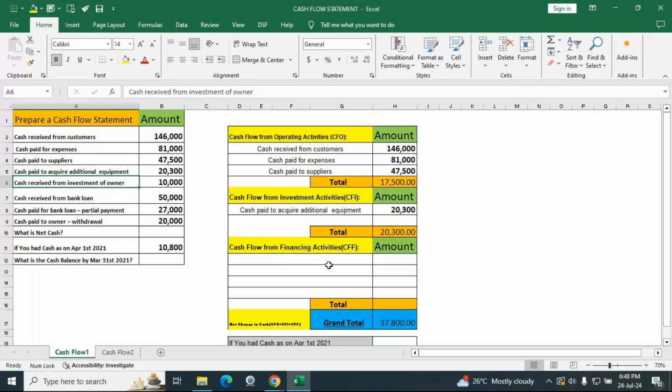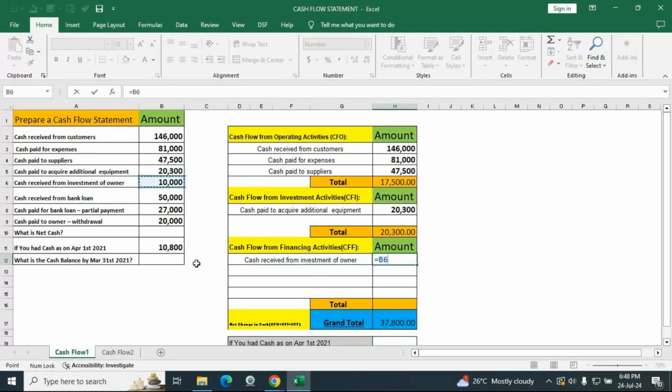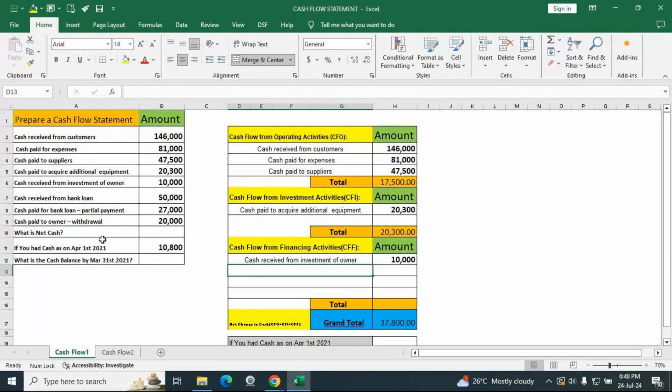Investment activity or financing activity? Financing activity. Okay, so I'm going to copy this value here, financing activity. Okay, next one. So cash received from bank. Financing activity.